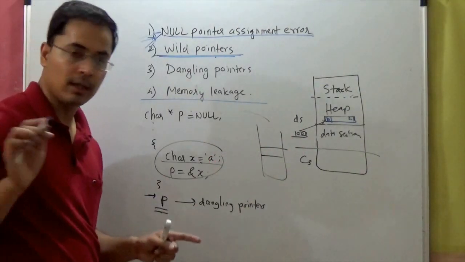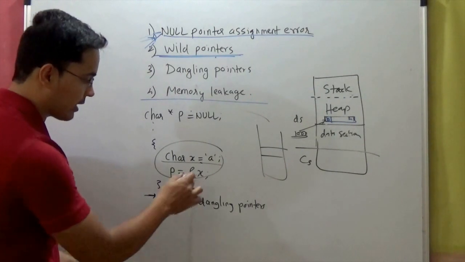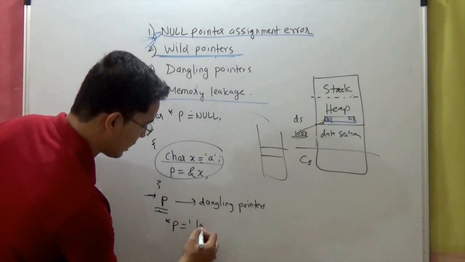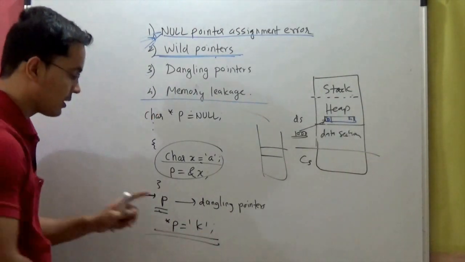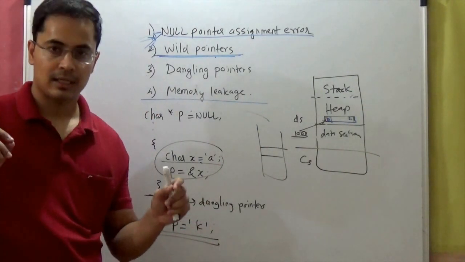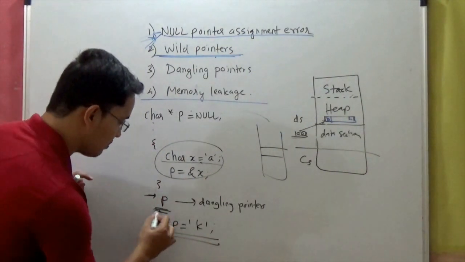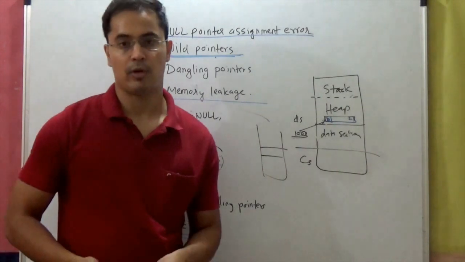But because you still think you're storing the address of x, and you might want to do something like that, you are trying to access an area which has been deallocated. So in this case, P again becomes a dangling pointer, right?